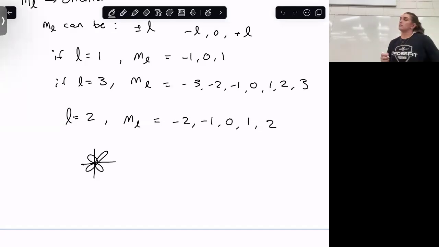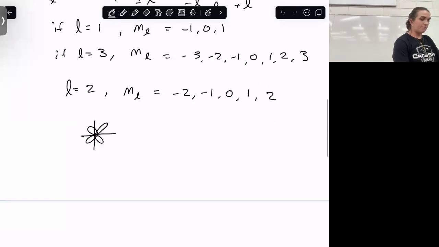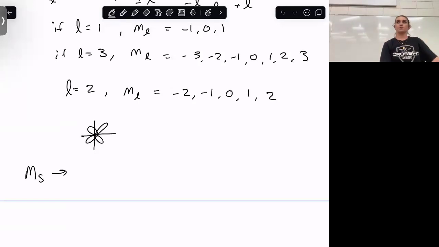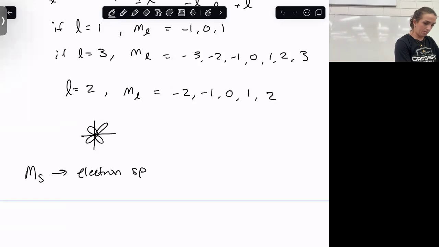Alrighty. And then the last quantum number we have is M sub S. What does this tell us? Up or down, what does that correlate to? The electron spin, yep. What are our 2 values for M sub S?